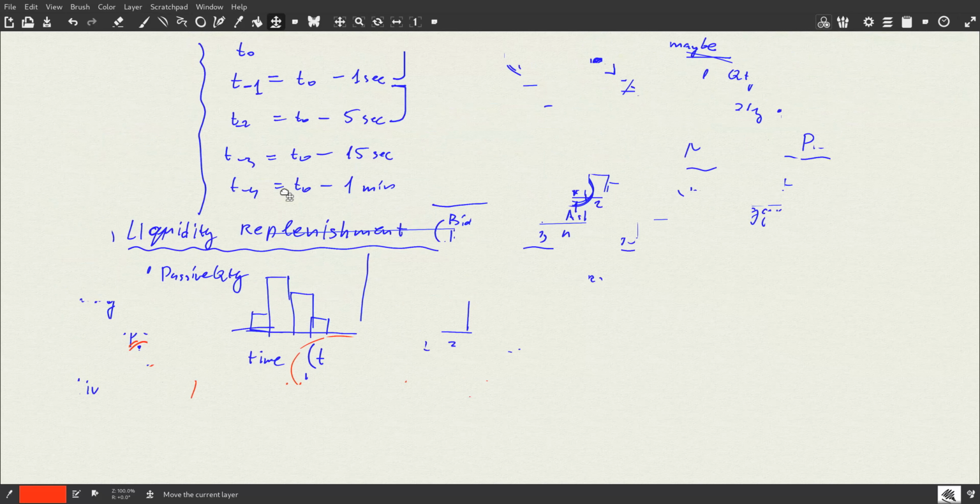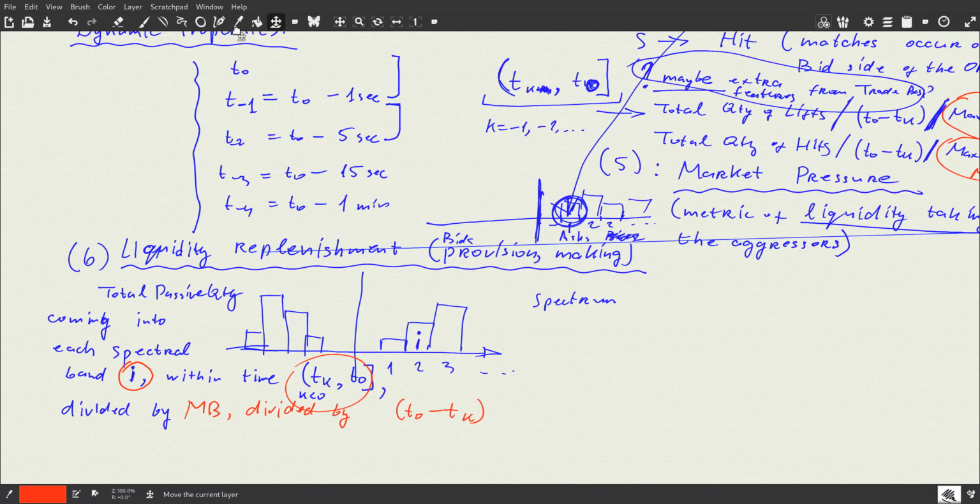So for example, 1 second, 5, 15, and 1 minute. Using time scales like this would arguably allow you to capture both short-term effects, if for example you have a feature for the last second, and long-term effects.